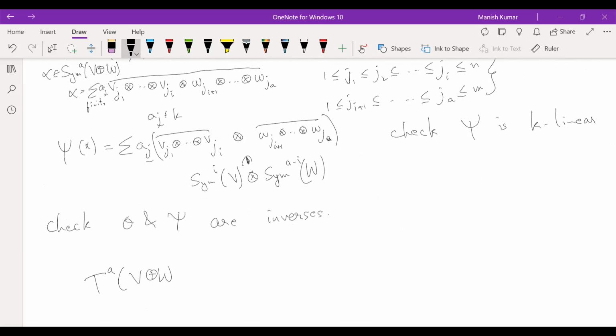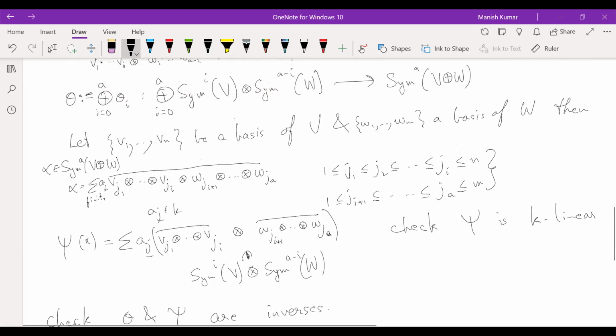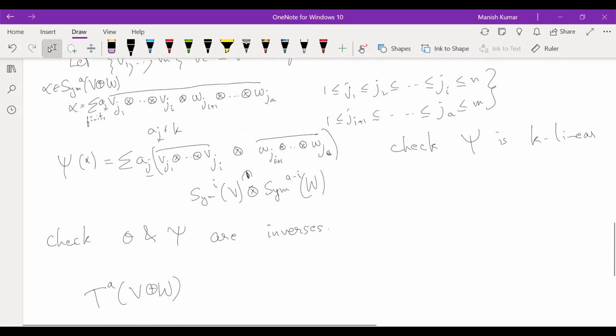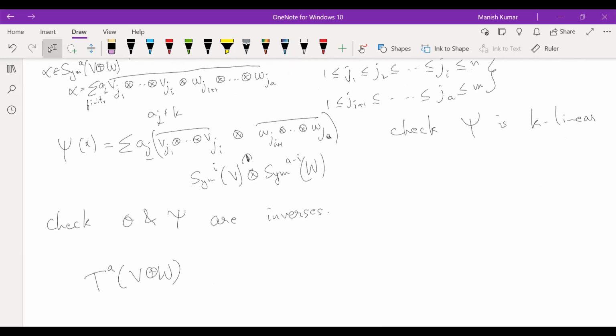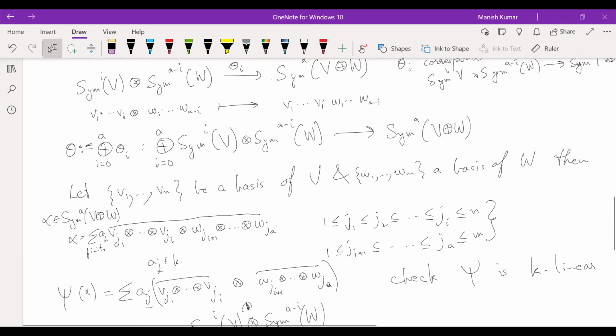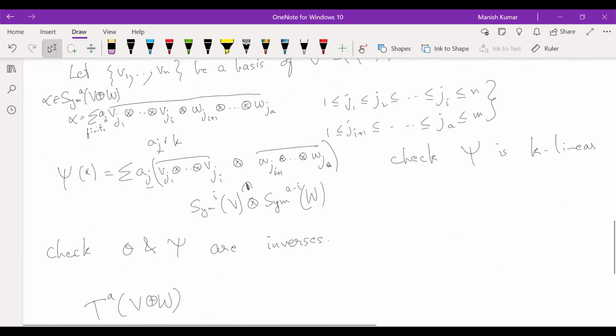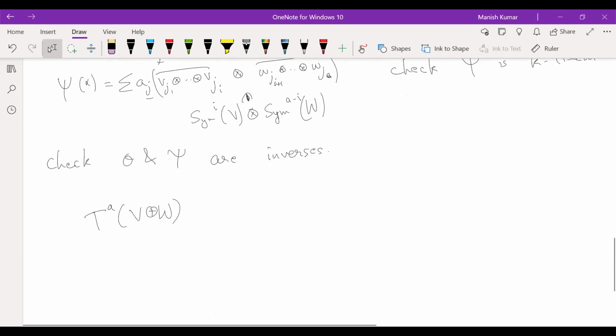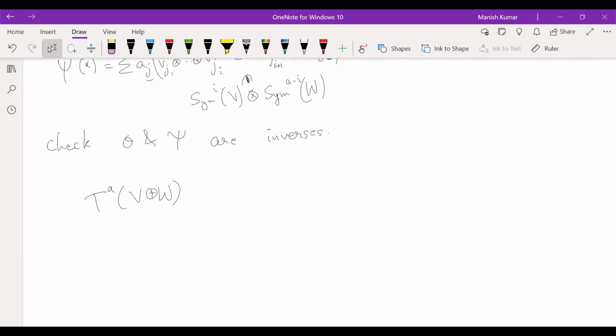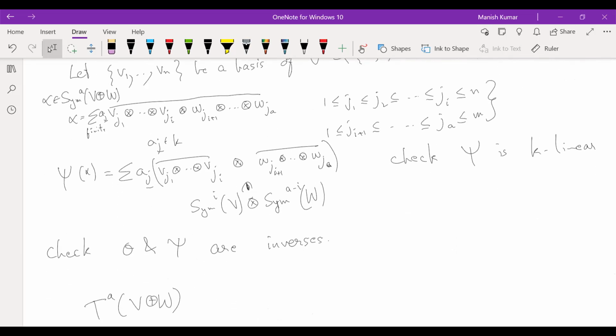T^A(V plus W) is there. So I was thinking, in Sym^A(V plus W), these elements Vj1 tensor Vji, then tensor Wji plus 1, tensor Wja.